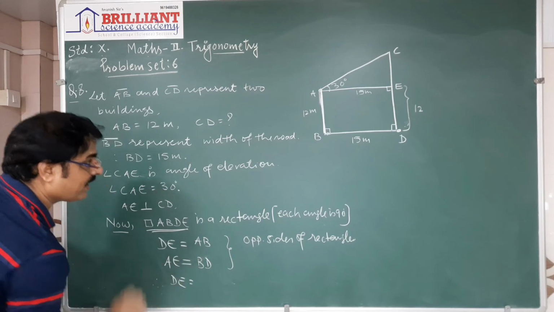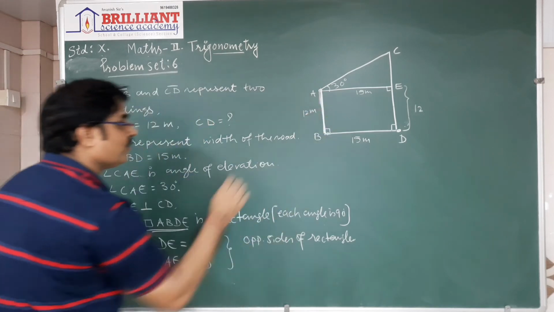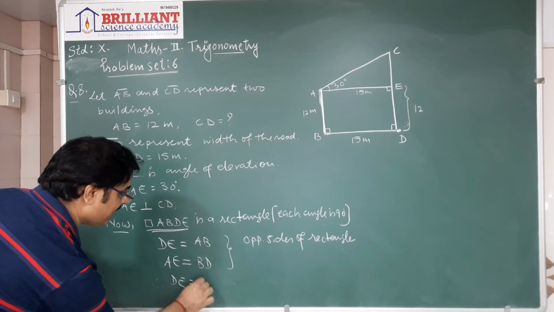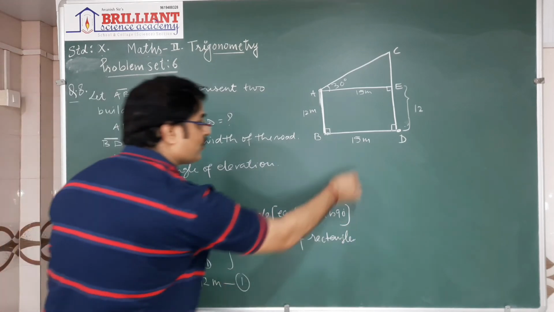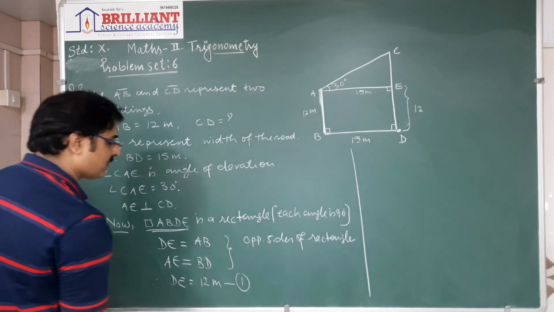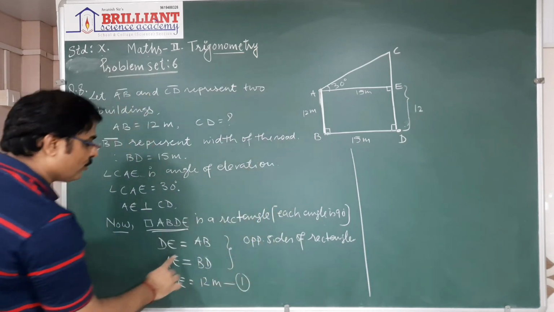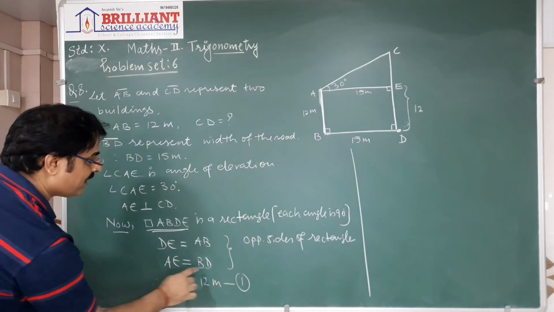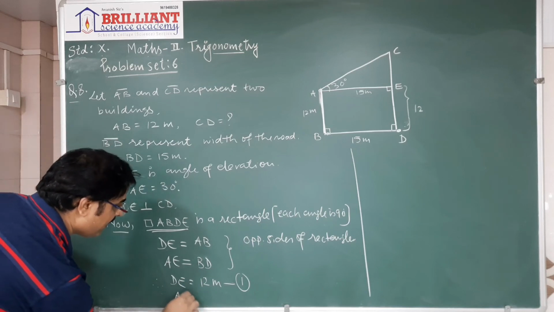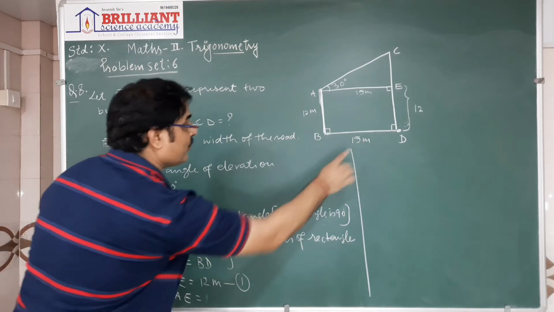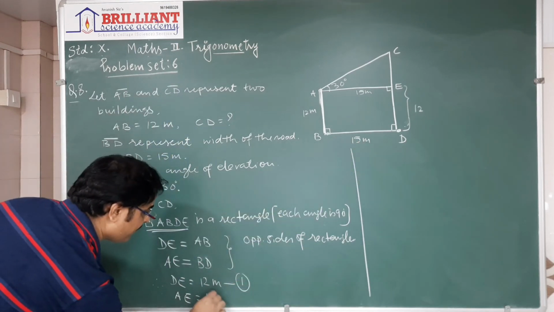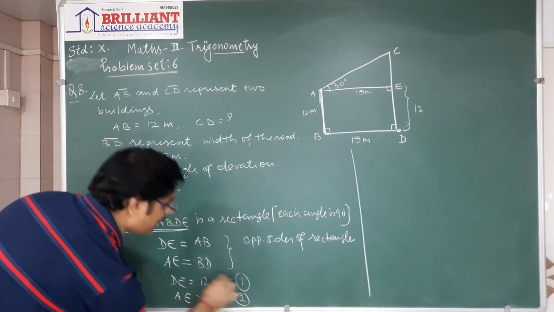DE किसके इक्वल है, AB के, but AB is given as 12, so DE is 12 meter. Let this be equation 1. बाद में इसकी जरूरत पड़ेगी, इसके लिए हमने इसको equation 1 नाम दे दिया. And also AE is equal to BD, and BD is given as 15 meter. Let this be equation 2.